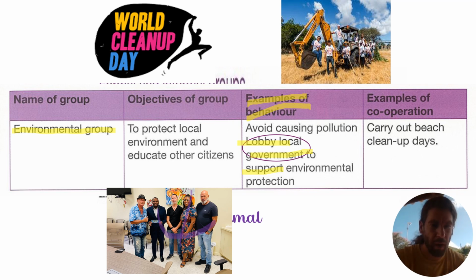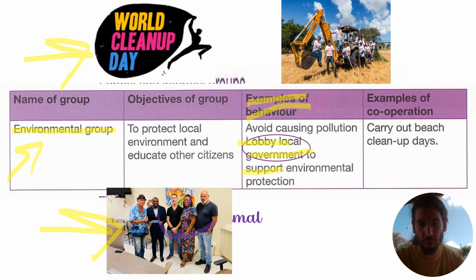Because if you want to clean up your country, your environment, then you need good contact with the local government, the government of Curacao. This is a way to get the government behind you. So this is an example of lobbying with local government.